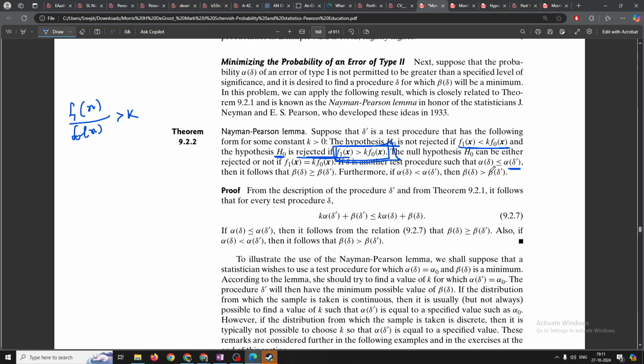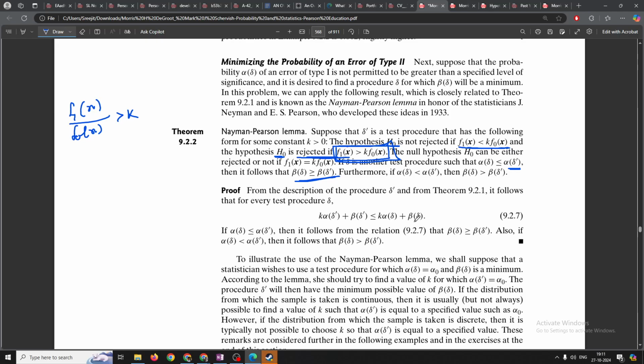Basically, if you follow this test procedure and your type 1 error is less than some specified amount, then you must be doing worse in terms of your type 2 error, and the same thing holds the other way around too.